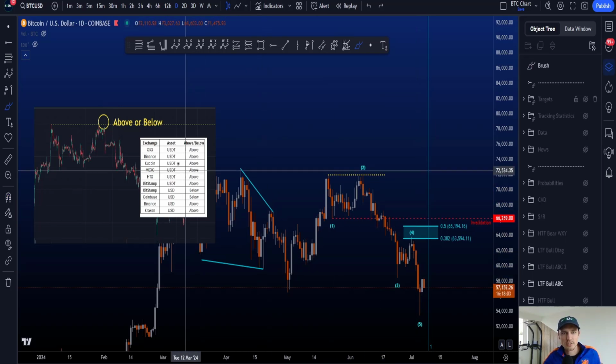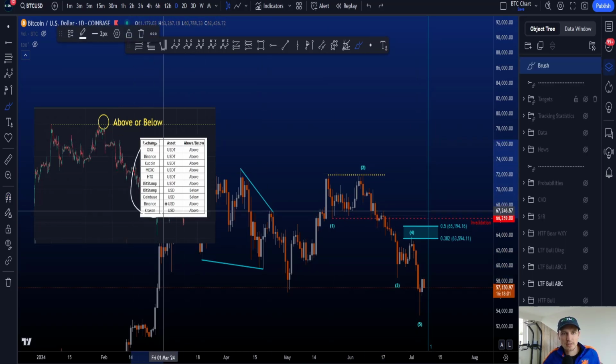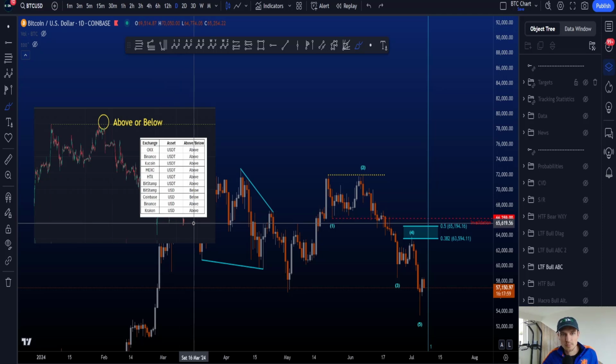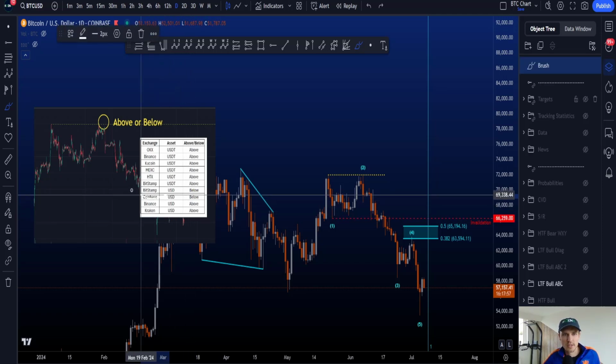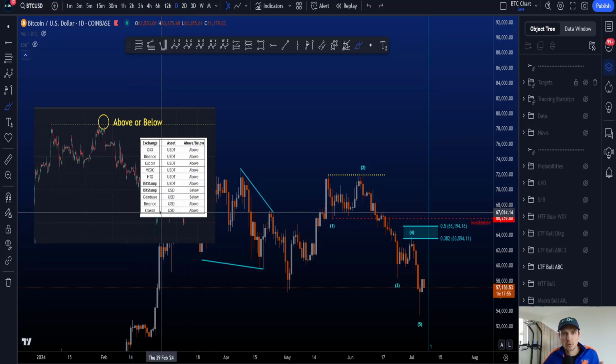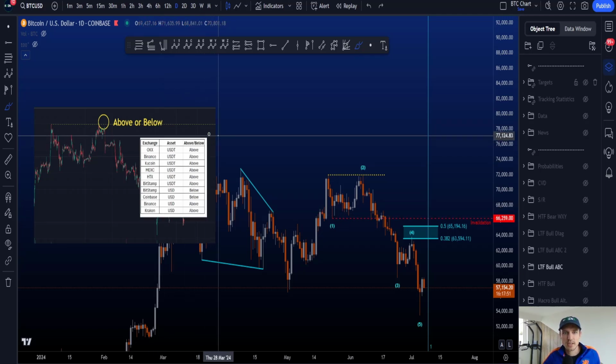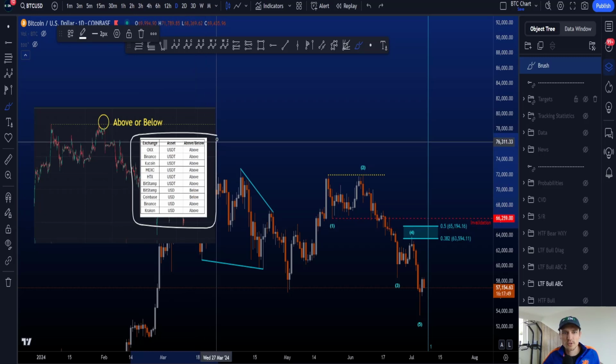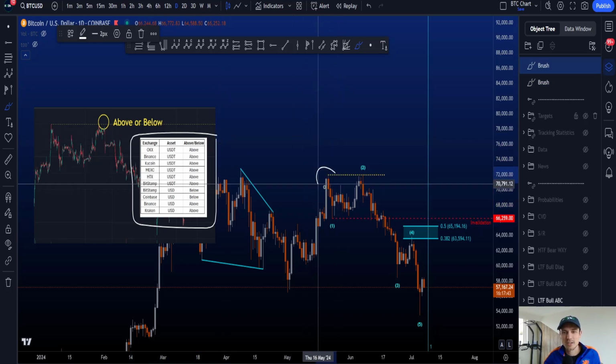So what he has checked is OKX, Binance, KuCoin, MEXC, HTX, Bitstamp again over here, USDT and USD, then Coinbase, Binance, and Kraken. And you can see that on pretty much all of the charts except for Bitstamp and Coinbase, which is the chart that I have in front of me, the high here got taken. Also on the index chart, by the way, the high got taken.